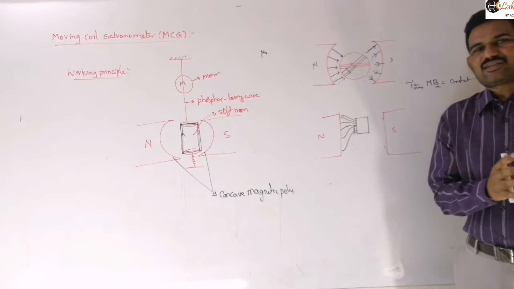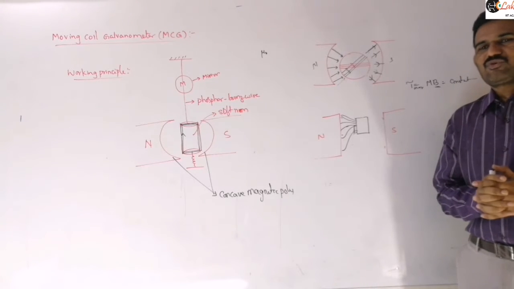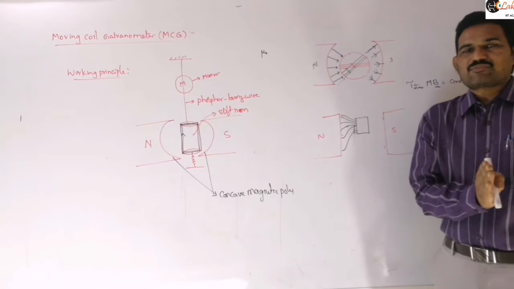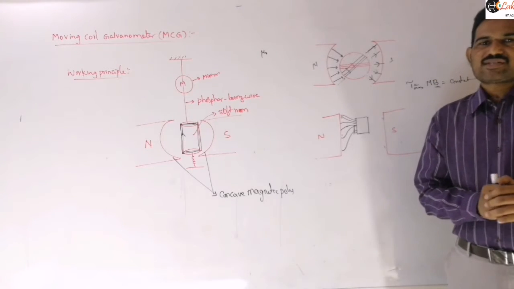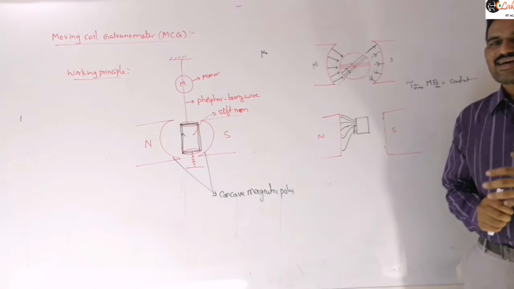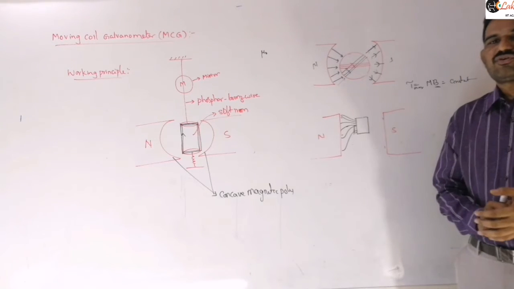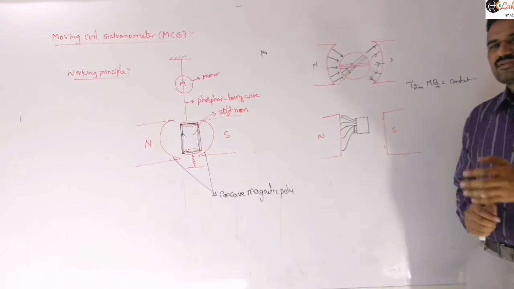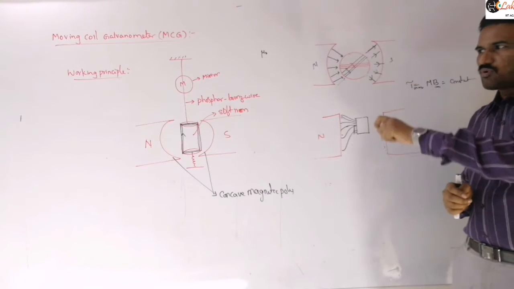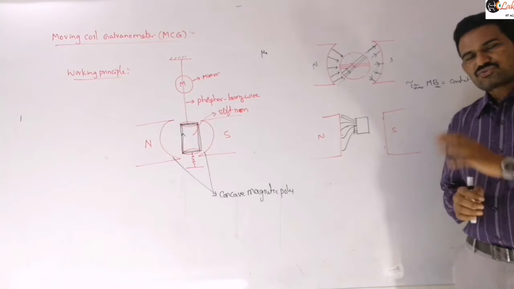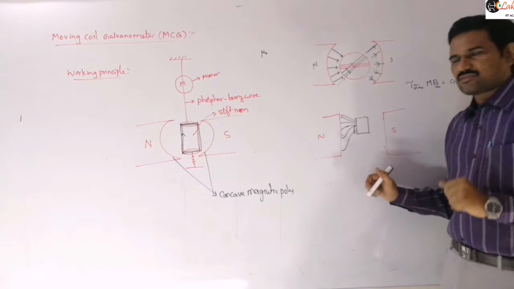In the first year we discussed this in elasticity. When we were discussing elasticity, we compared the Young's modulus of iron and rubber. We said iron has more Young's modulus when compared to rubber. So for the same reason, the Young's modulus of this material should be very high, so that the elongation produced will be negligible.